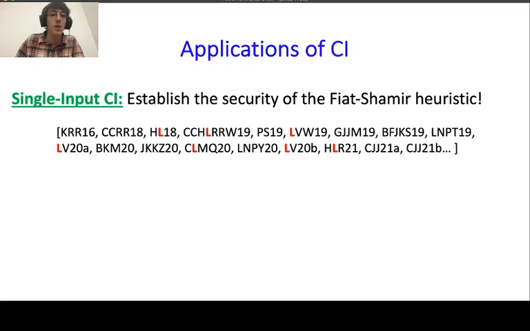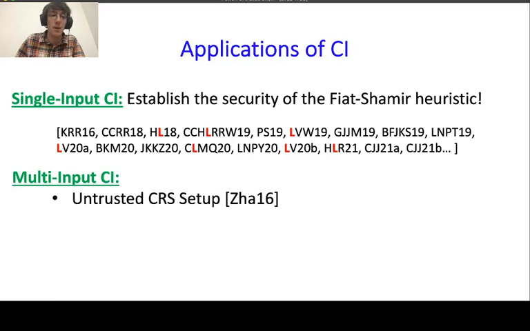But I want to talk specifically about the multi-input case because although it's quite unstudied, there hasn't been much work done on it, there have already been a few scenarios that have come up where multi-input correlation intractability has seemed quite important. The first example that people came up with was the setting of trying to set up a common random string when you have many mutually distrusting parties.